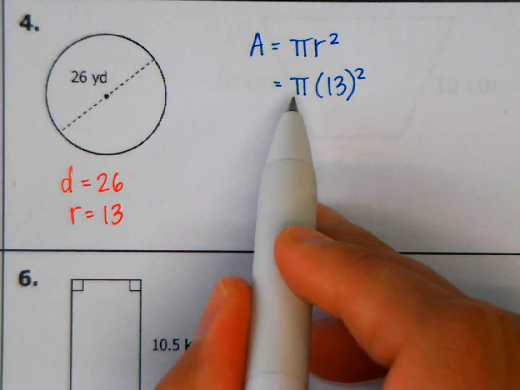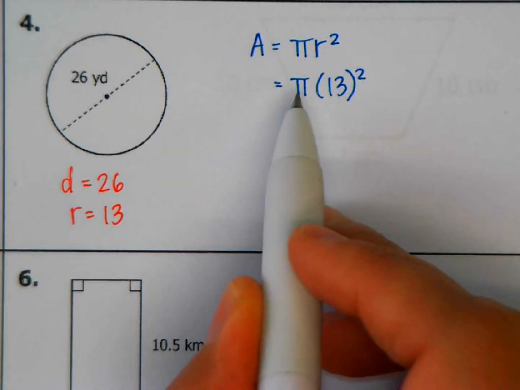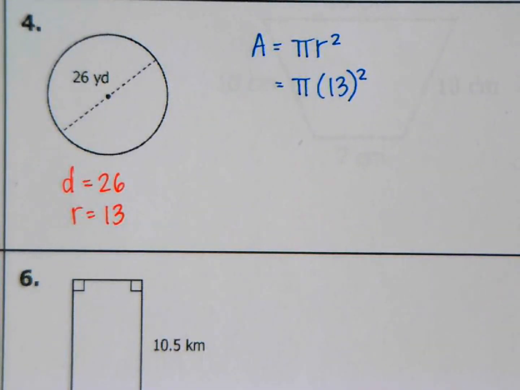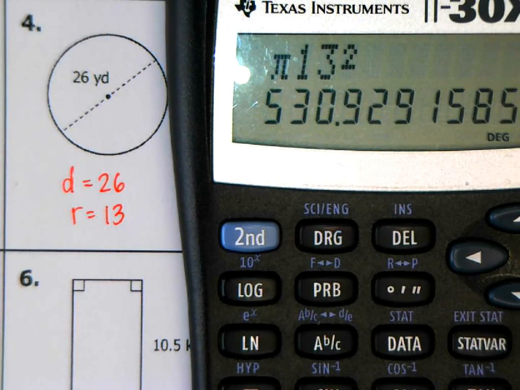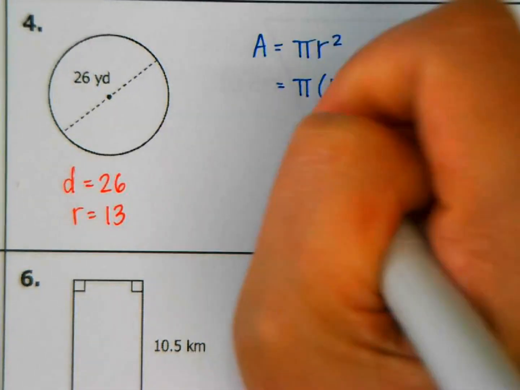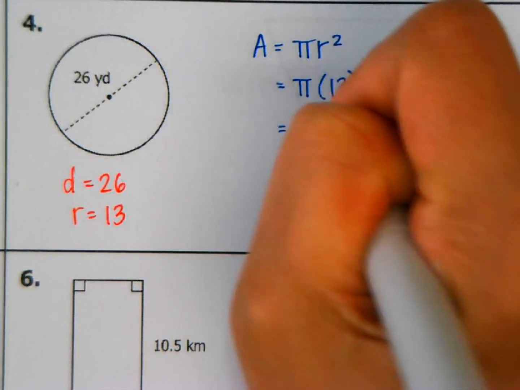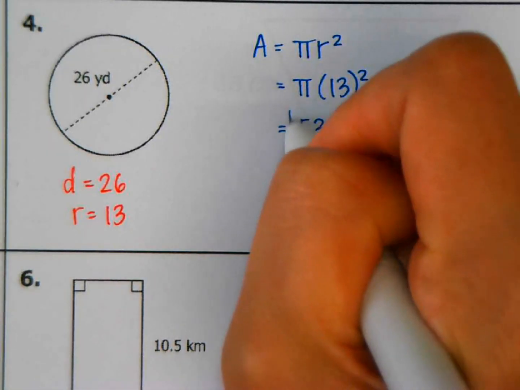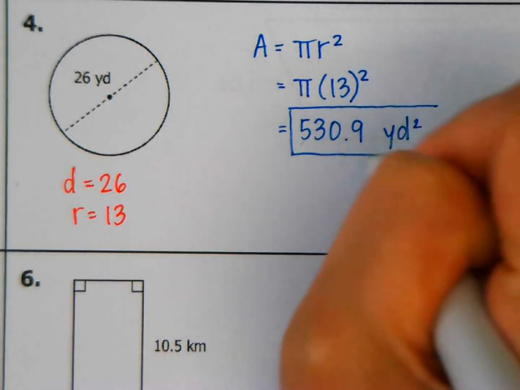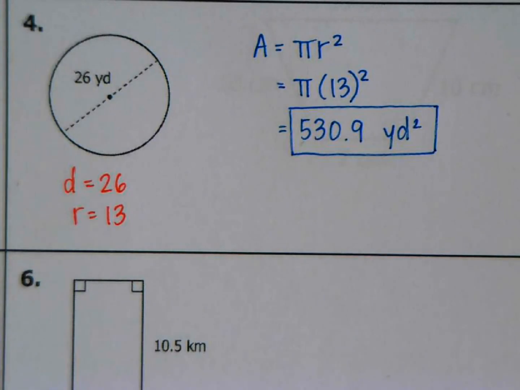And then your calculator can do this directly, right? Pi times 13 squared. It can look just like this in your calculator, and that'll be 530.9. Okay, and we're just putting the units because it's notes. I just want to be nice and thorough, but you don't have to. You could just have the answer.